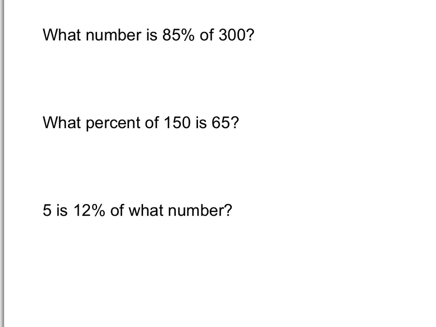Alright, here we go. So, what number would be x? Is equals 85%. Remember, going into the equation when you change it to a decimal. The word of means multiply. 300, 300.